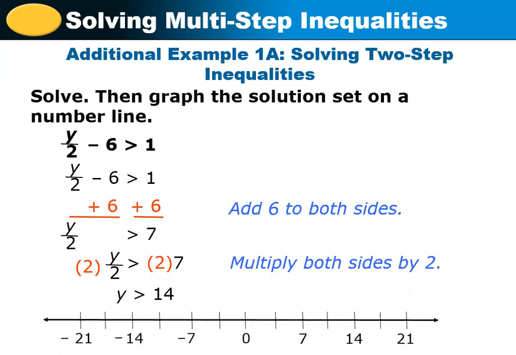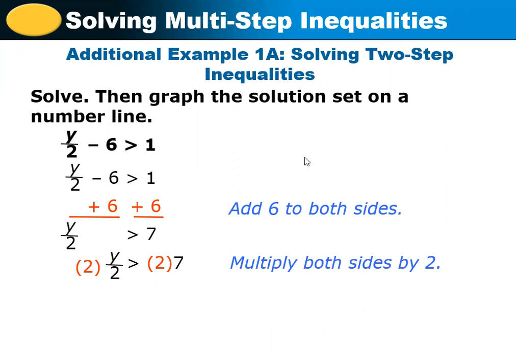How are we going to represent it on the number line? Think. First, it's y more than 14, so for sure we have a blank circle. You have to think about this point.